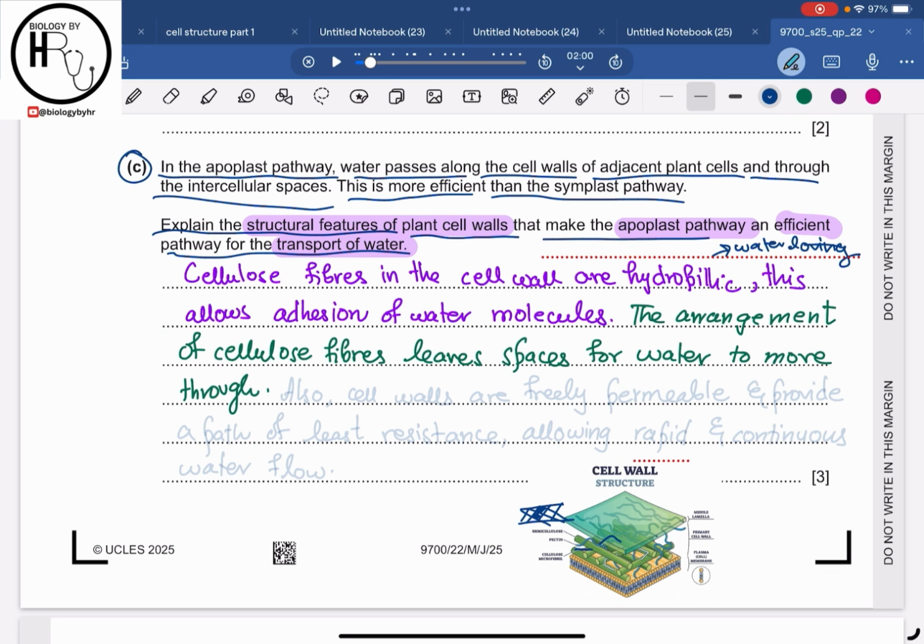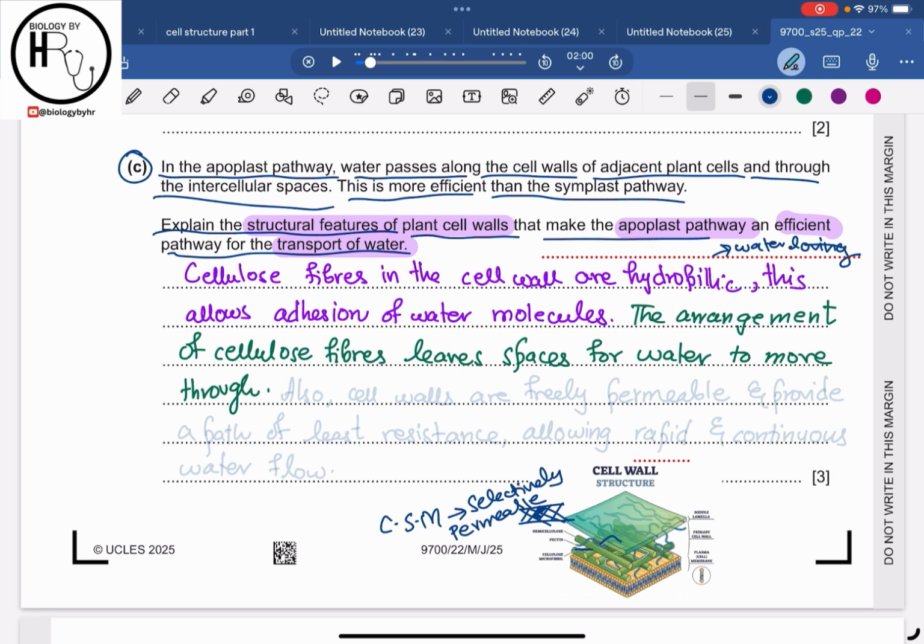And then another point you can say over here is that the cell walls, unlike the cell surface membranes, are freely permeable. The cell surface membranes, if you guys remember, are selectively permeable membranes, right? But this is not the case for the cell walls.